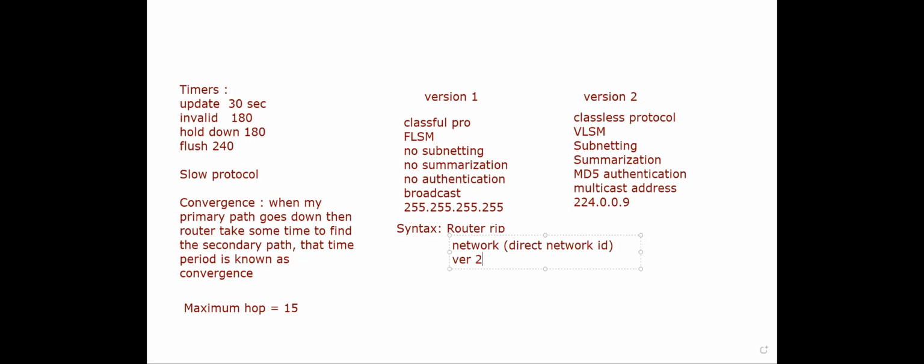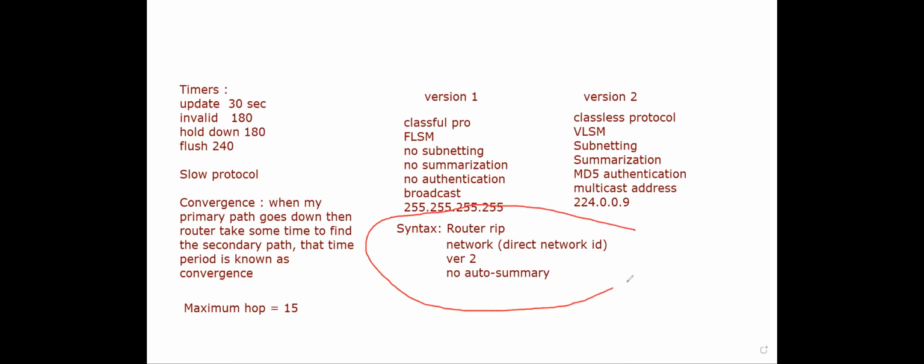Yes, we have to use version 2 because that supports classless. No auto summary, because we don't need auto summarization. So this is the syntax that we have to use for configuring RIP. Okay, so now I'm going to do the practical.